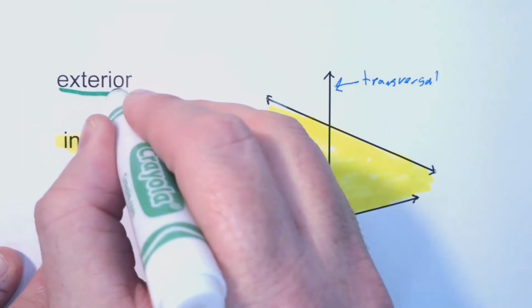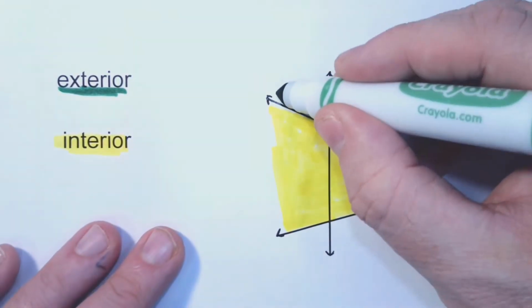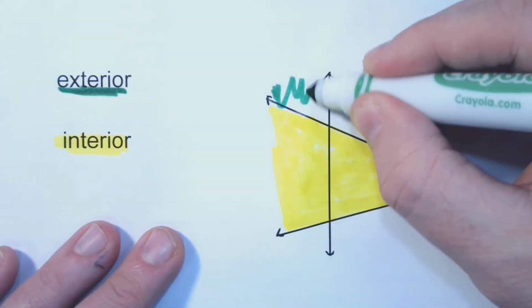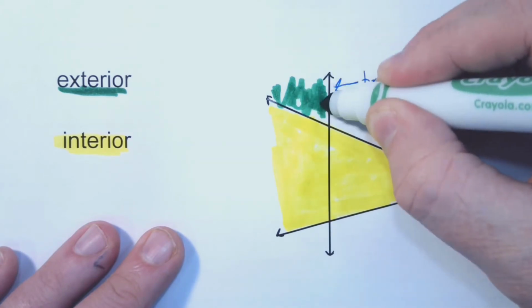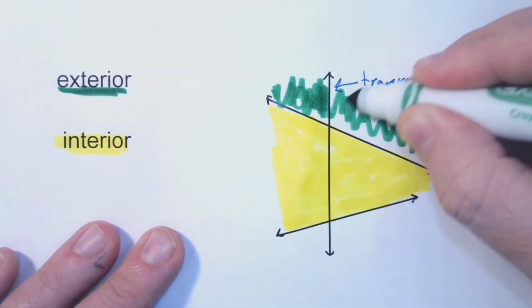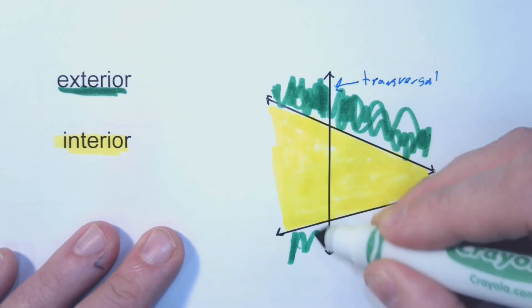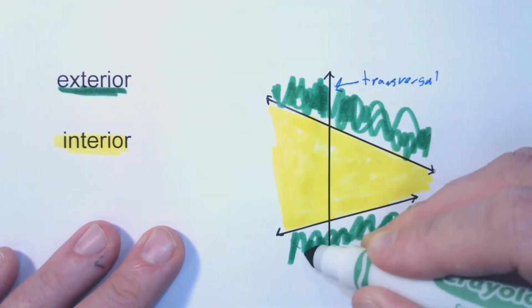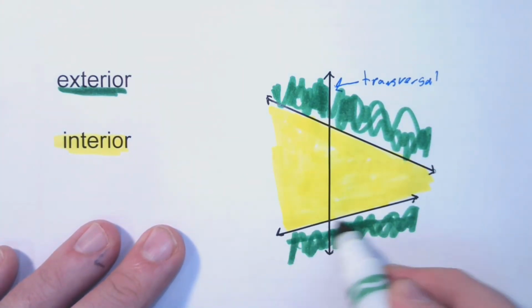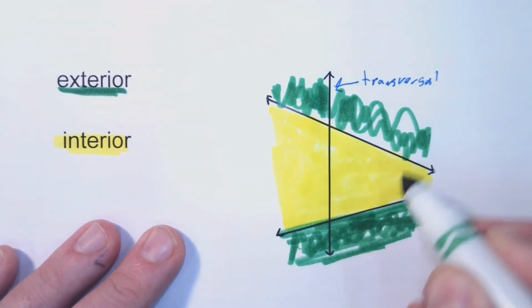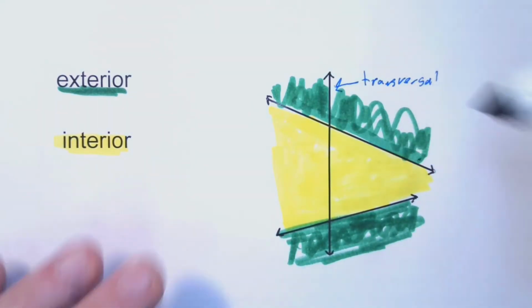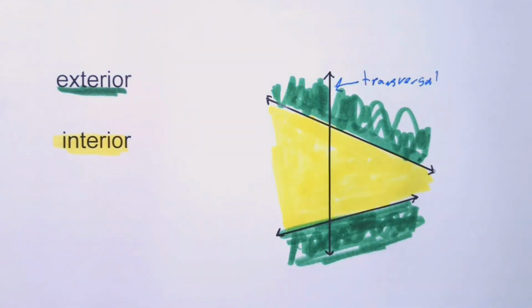Exterior, and I enjoy coloring, so this is always fun. Exterior is going to be all this right here, and all this right here. So you don't have to color if you don't want to. Just make sure that you're doing something that indicates you know what interior and exterior is, because that's going to be important.